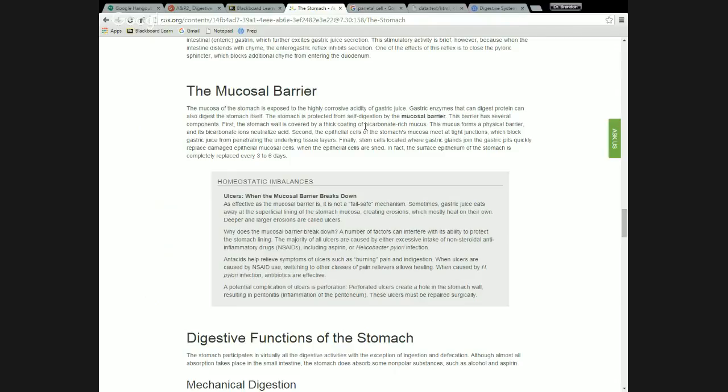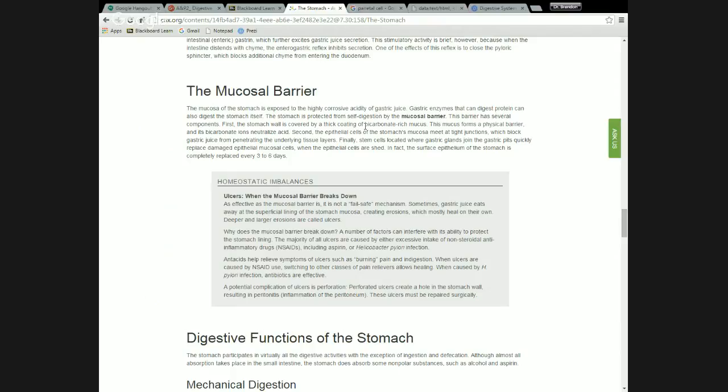And so the mucosal barrier has a way of protecting itself, which is that it will neutralize the stomach acids. It releases buffers that try to neutralize the acids right at the edge of the stomach lining. So in the center of the stomach, the acid is very acidic.